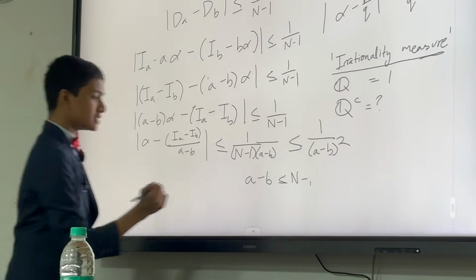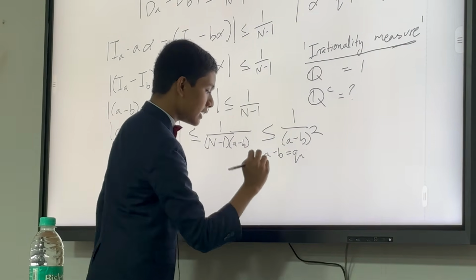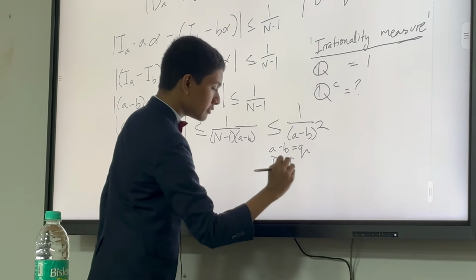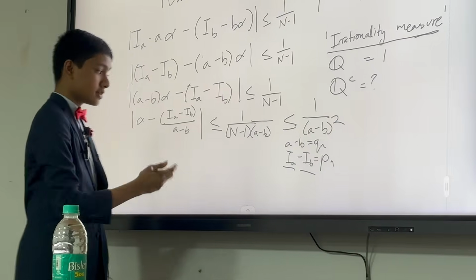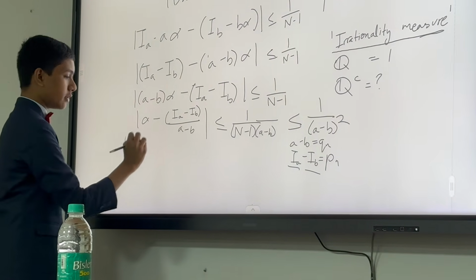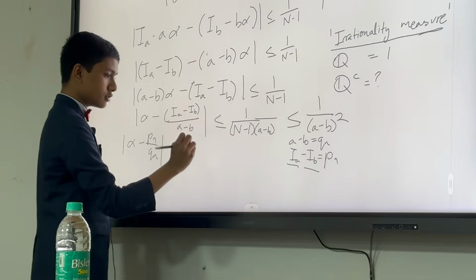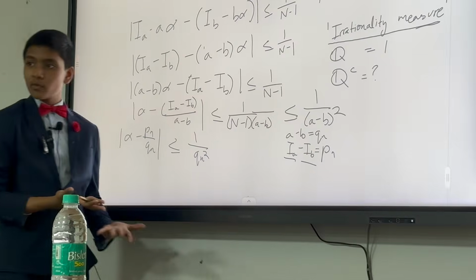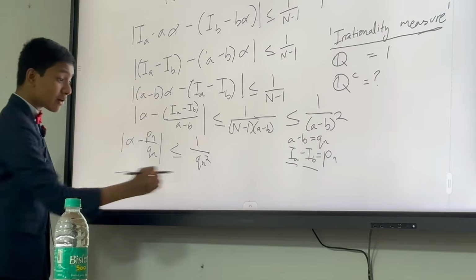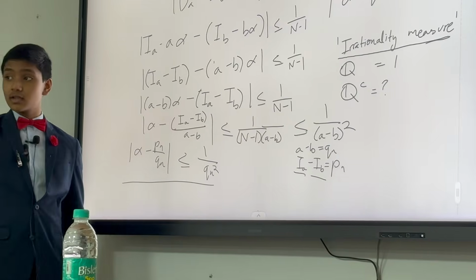So what that tells us is, if we just replace the A minus B with the denominator symbol, and the IA minus IB with a numerator symbol, which is valid since remember these are integers, we get alpha minus Pn over Qn is less than or equal to 1 over Qn squared. Somehow, miraculously, we have shown irrational numbers can be approximated faster than rational numbers.